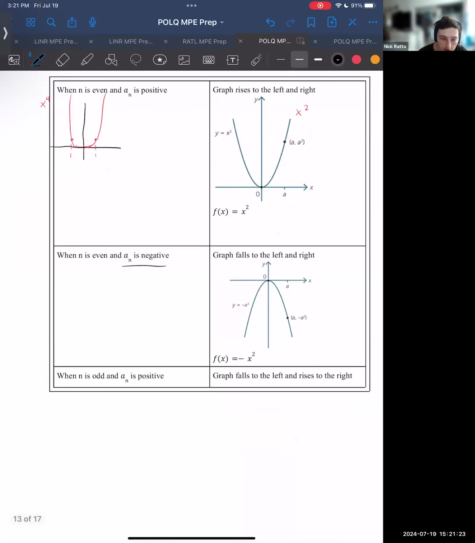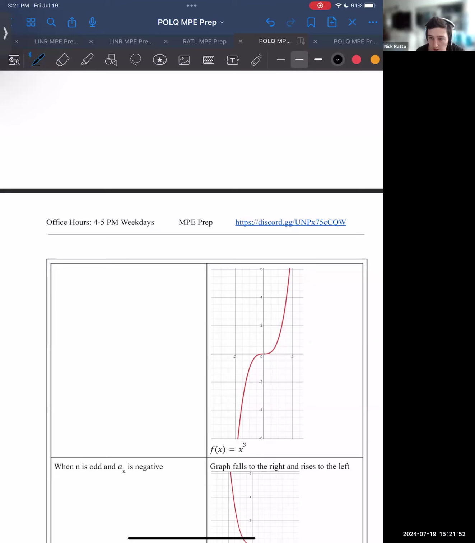Okay. If the power is odd and the sign is positive, then we're going to get something that looks like this. For example, this is x cubed. We can sort of see earlier why we have solutions for negative values with odd powers. It's because we actually dip into the negatives with odd powers, because you can actually achieve negative numbers with odd powers.